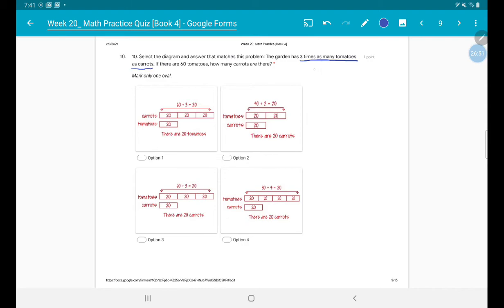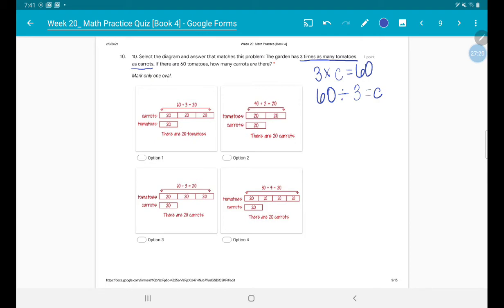So I have 3 times as many tomatoes as carrots, and there are 60 tomatoes. So 3 times what equals 60? I can turn that around into a division problem. 60 divided by 3 equals the number of carrots.